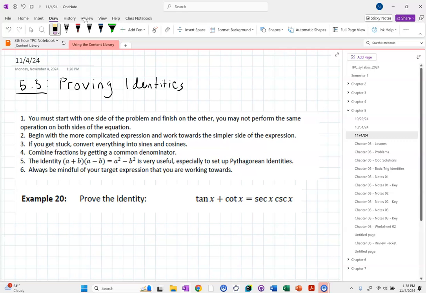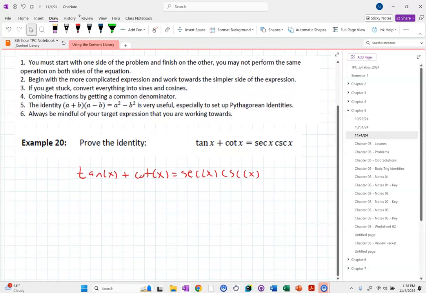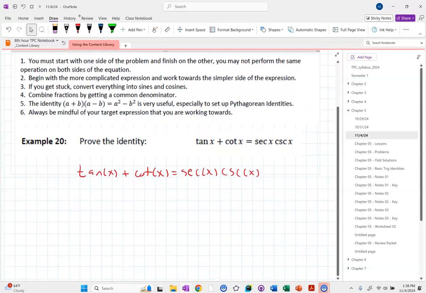So I'm going to start with tan x plus cotangent x. And I'm going to try to turn that into secant x times cosecant x. All right. So there's nothing algebraic I can do to add tangent and cotangent together, right?